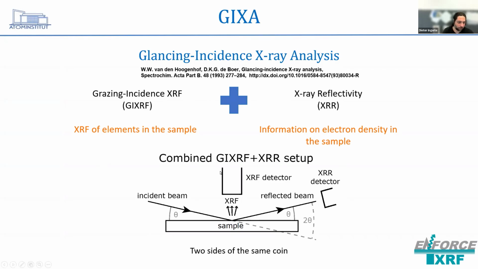But anyway, we can distinguish different compositions more easily than with XR alone, where some difference in composition will not be visible because the electron density is so similar.